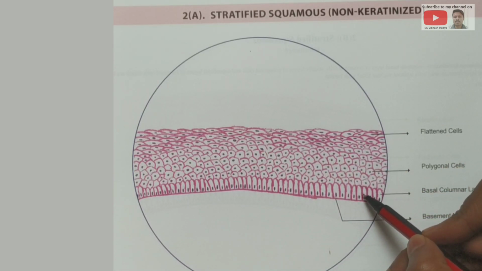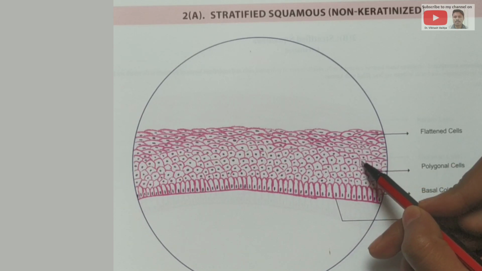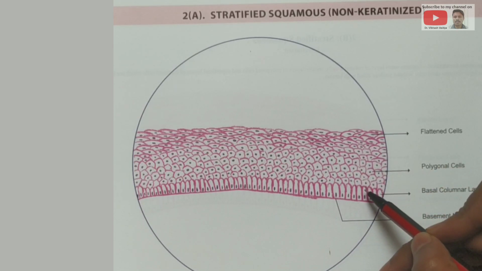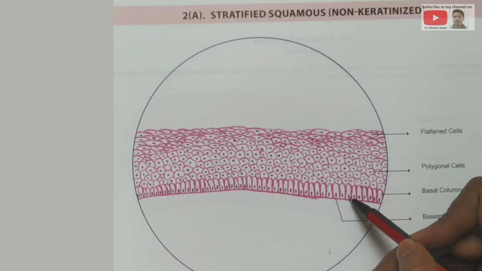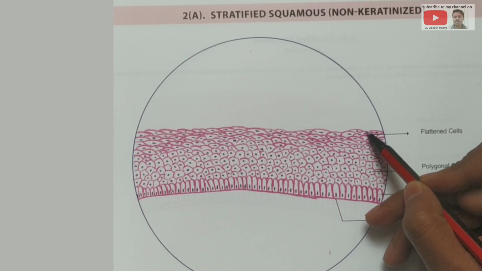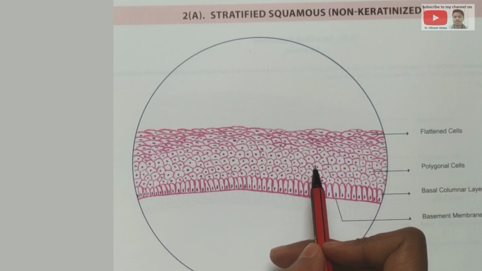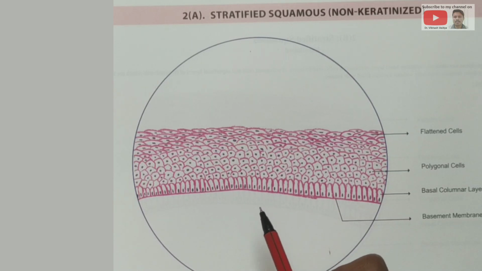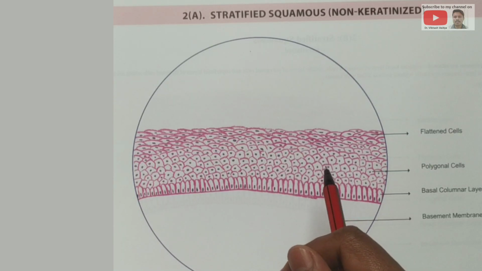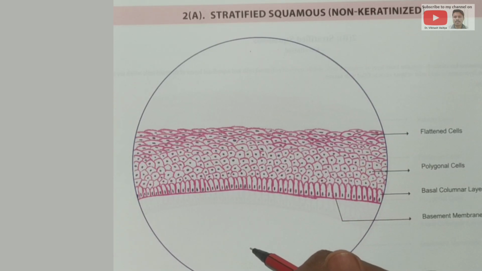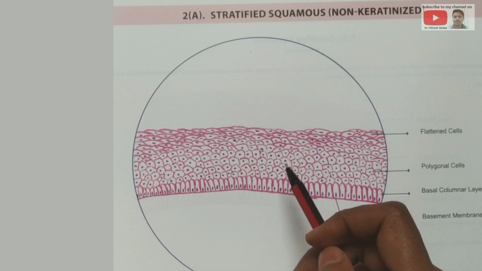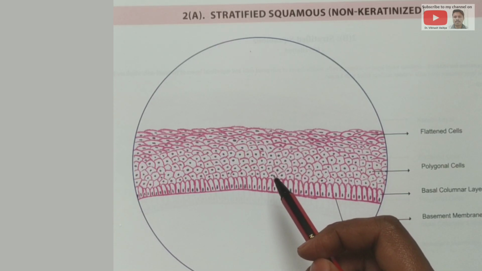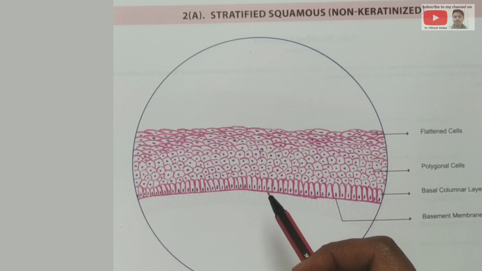Here you can also appreciate that this type of stratified epithelium contains many layers from base to superficial or top. So the first epithelium you can appreciate here is the stratified squamous epithelium, and we have already discussed that stratified squamous epithelium is categorized into two parts, non-keratinized and keratinized.